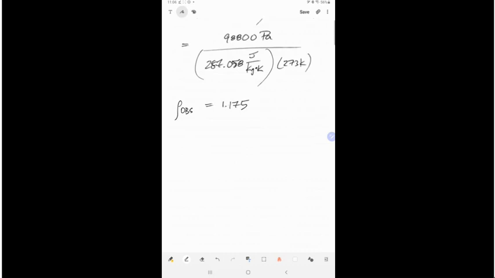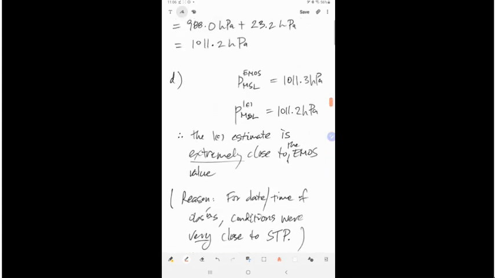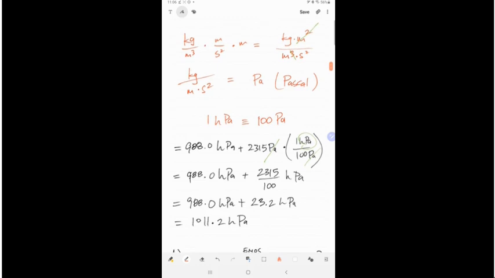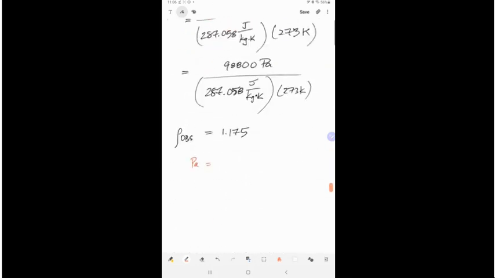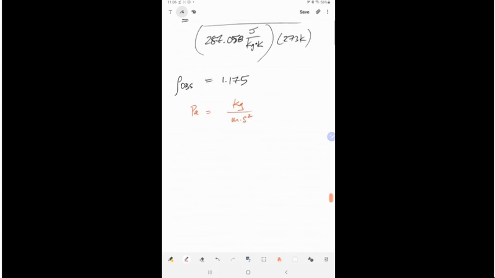All right, now we just have to work through the units. A little bit messy, but it's worth going through here. Again, you don't have to know how to do the conversions. Let's just recall that a pascal is equal to a kilogram divided by a meter times seconds squared. Okay, so we have pascals in the numerator.